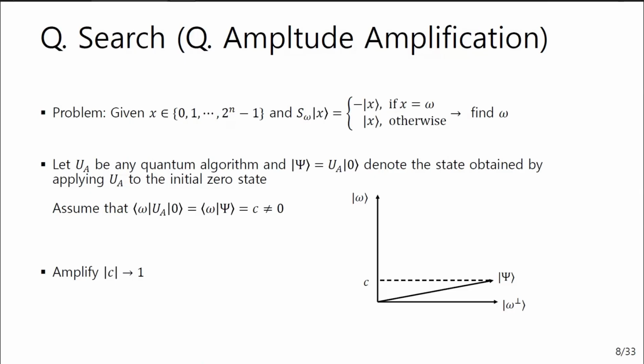I mean, C is the inner product between our quantum state and the target state. If C becomes approximately 1, then the measurement outcome will be the target state with high probability, right? And the method to amplify this C is the quantum amplitude amplification algorithm.